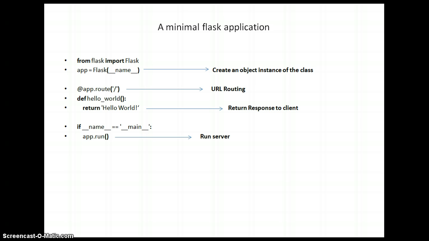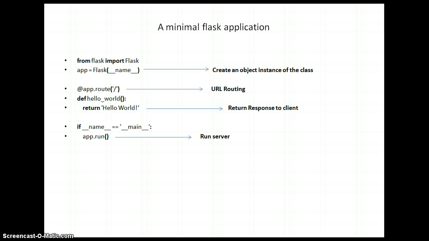In this presentation, we will start with a very small, basic, minimal Flask application, and then we will move on to a slightly bigger web application, which is a small quiz engine, which I'll be discussing in more detail after this minimal Flask application. So for the minimal Flask application, you need to have Flask installed.